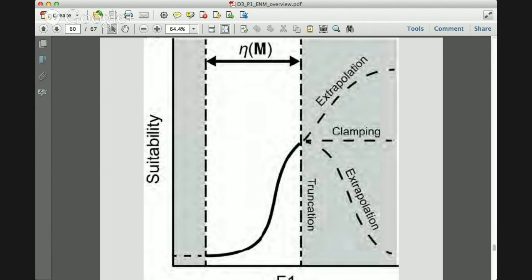It uses this process called clamping. And that is whatever the marginal value is, the value right at the limit of M, that value is held as the value for all values farther to the right. And so clamping, if this was a temperature axis, is going to say that your species is just as happy when the water is boiling as at the environmental limit of your M area.